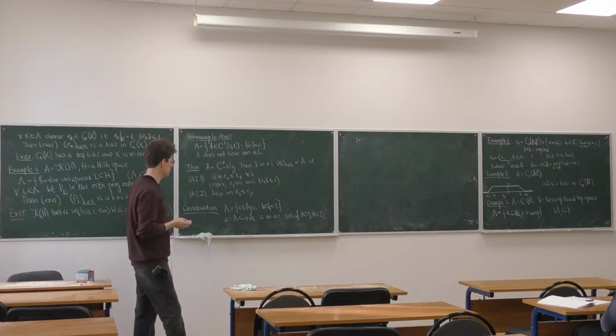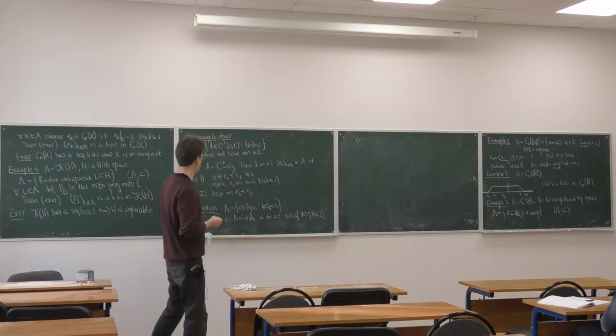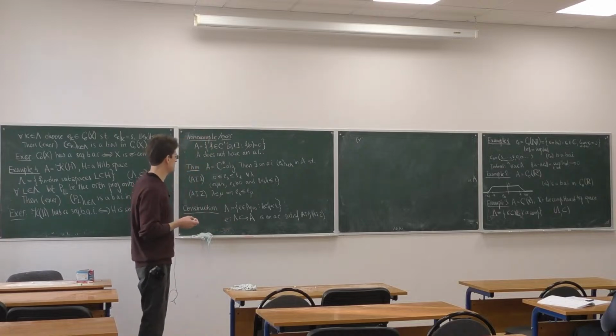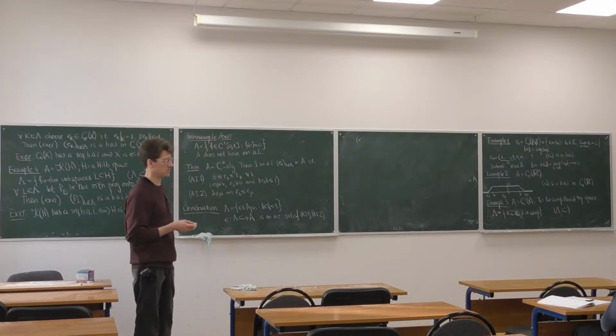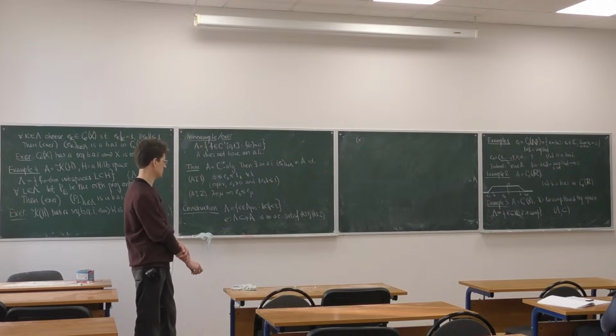The key point is that if we have an arbitrary such algebra, it is not generally true that we have non-trivial idempotents in our algebra. There are some examples of such algebras where we don't have idempotents at all.